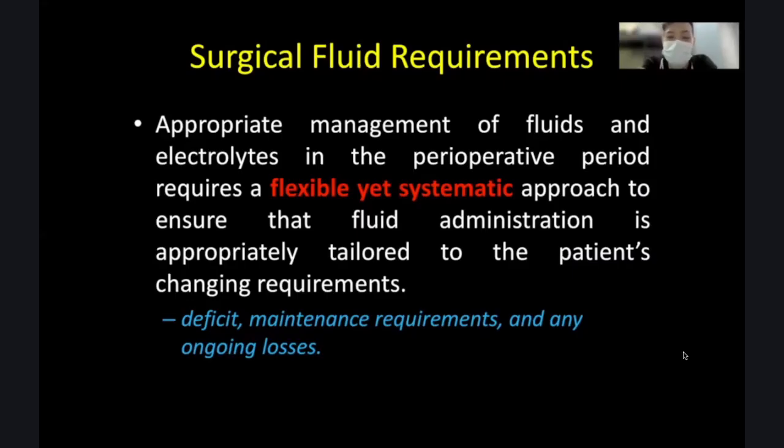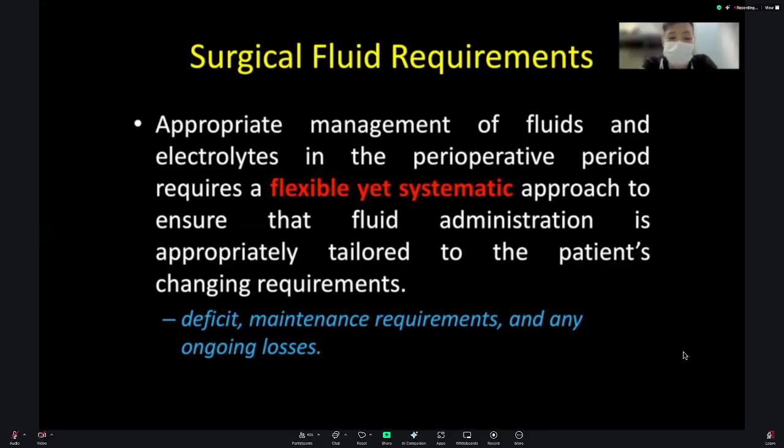So hindi siya dekahon, or there is no standard approach in assessing, computing, and managing fluid requirements in a surgical patient. Again, it should be dictated on the age of the patient, on the comorbidities of the patient, on the weight of the patient, as well as the disease pathology the patient has.